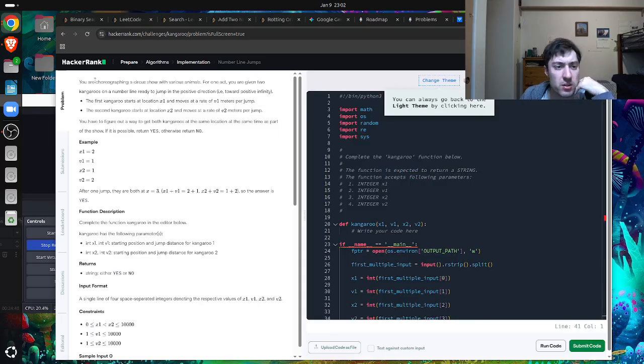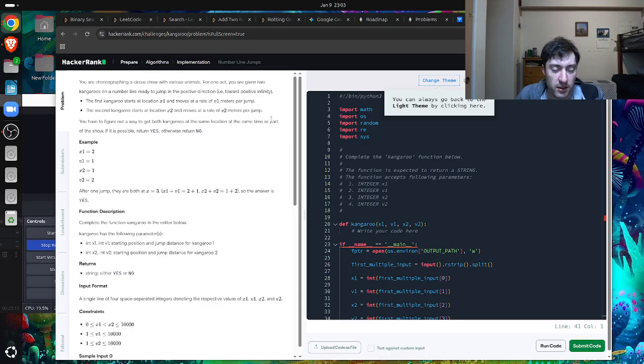Okay, so you are choreographing a circus show with various animals. For one act, you are given 2 kangaroos on a number line, ready to jump in the positive direction, towards positive infinity. The first kangaroo starts at location x1 and moves at a rate of v1 meters per jump.